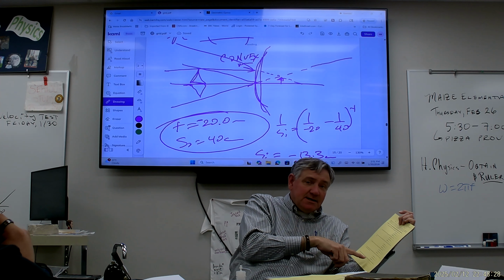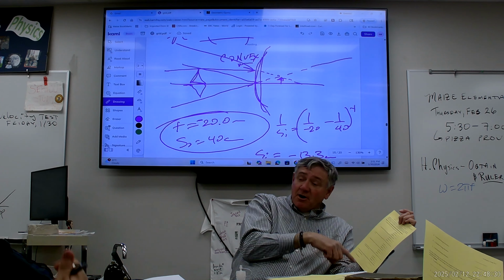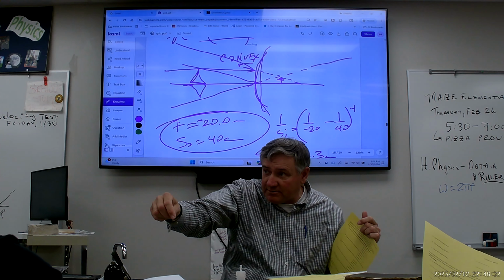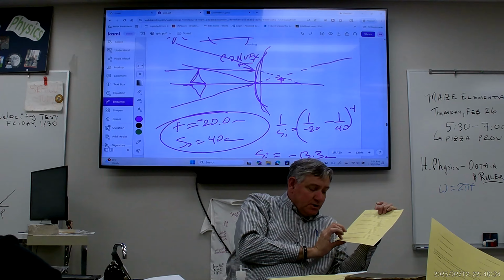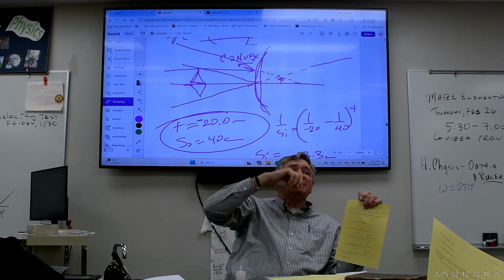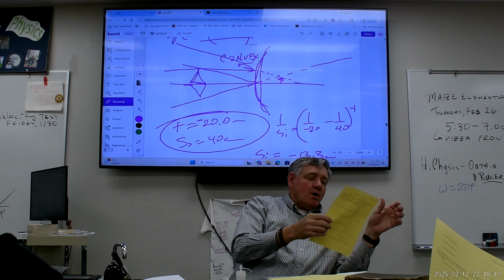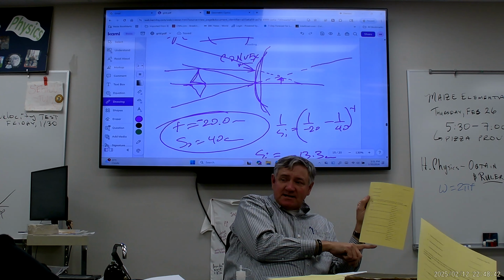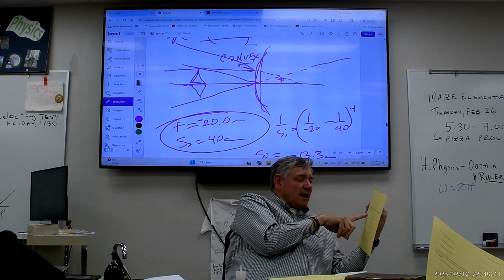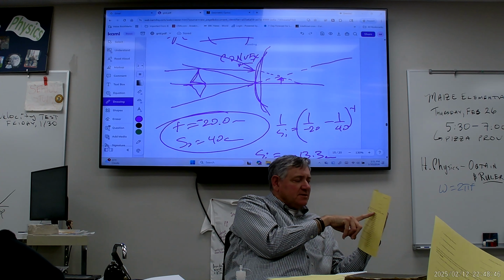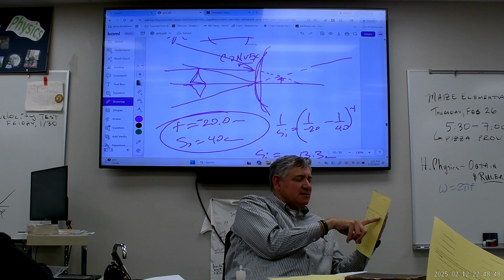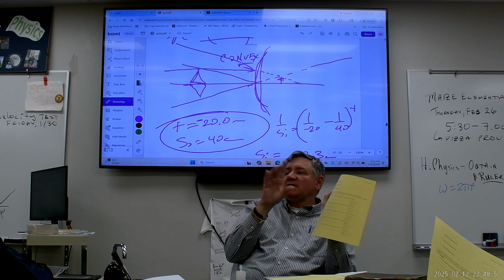Then, the next part, you're actually going to see what the values are. You're going to use the thin lens equation to get the values to see how they compare. When you get to the backside, on the line provided, make a sketch labeling the object and the image.